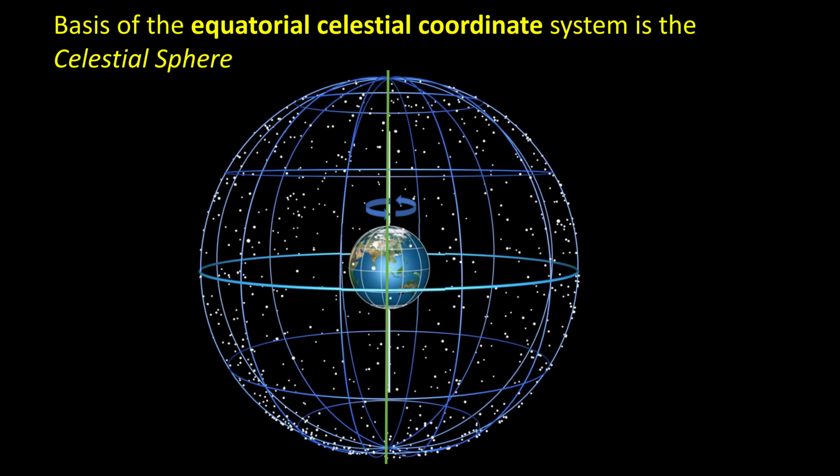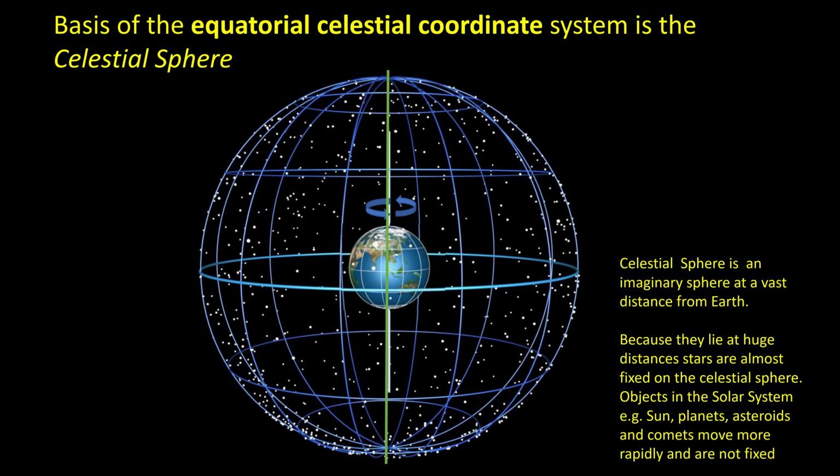That's an imaginary sphere with the Earth at its centre, which lies a great distance from Earth. So this diagram isn't to scale at all. The Earth would actually be a tiny dot with a celestial sphere wrapped around it. And because of the vast distances of the stars, they're effectively fixed on the celestial sphere.